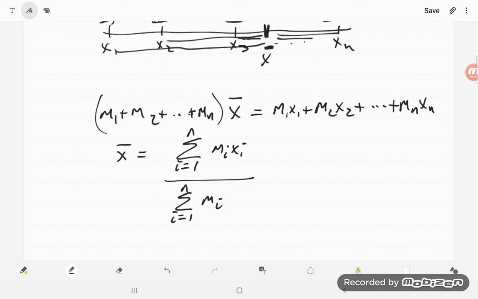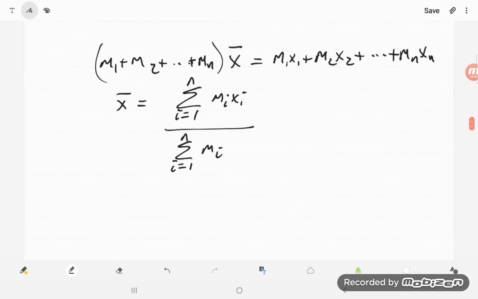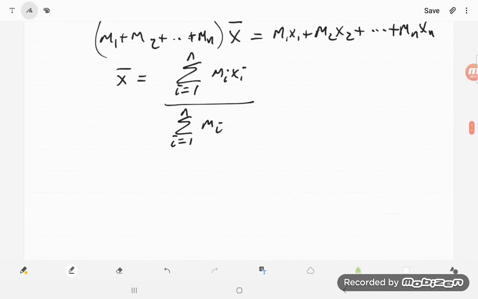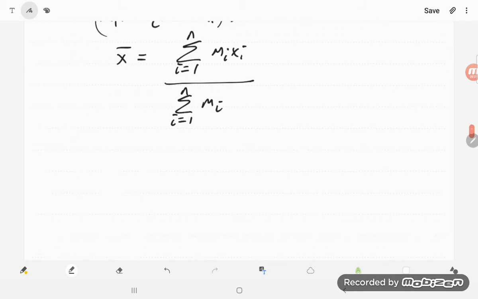Now, another interpretation could be sort of a weighted average idea. Say I want the average of some numbers, right?